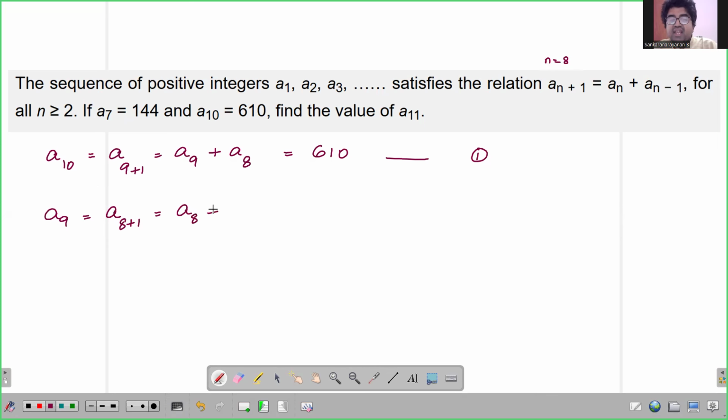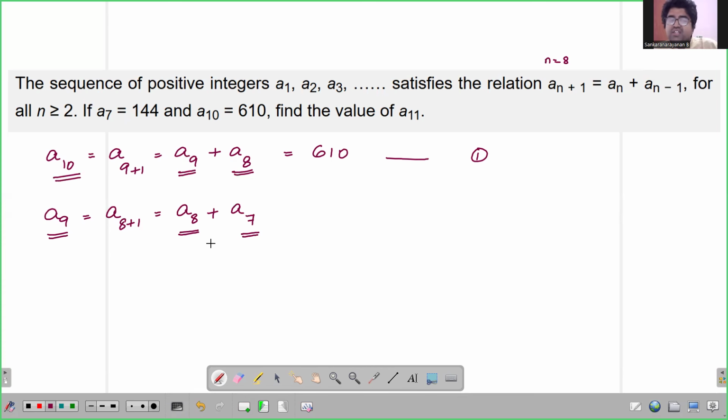So A8 is available here, A9 is available here, and I also have an idea of the A10 value and A7 value.